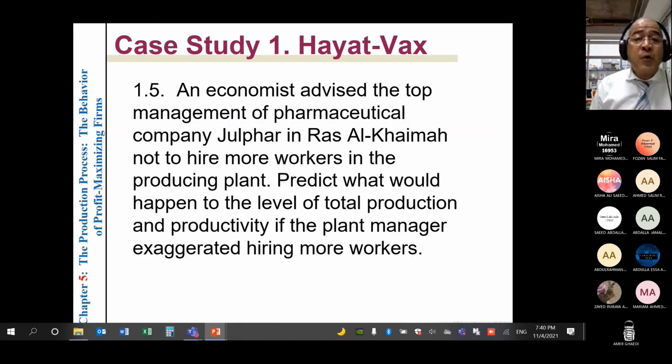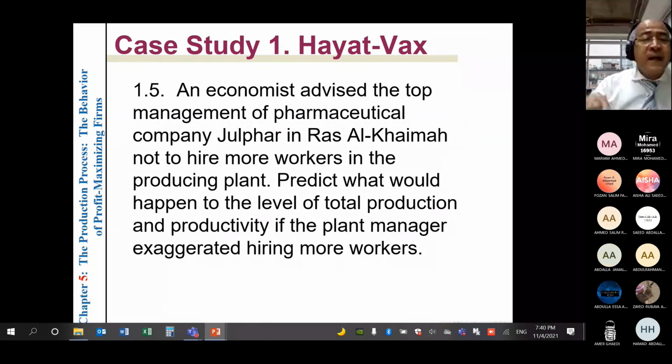Why? Because of inappropriate balance between labor and capital. In the third stage of production, we have too many labor units with limited capital. So that will cause total product to decrease and making marginal product to take negative values. So don't hire more workers after the full capacity.